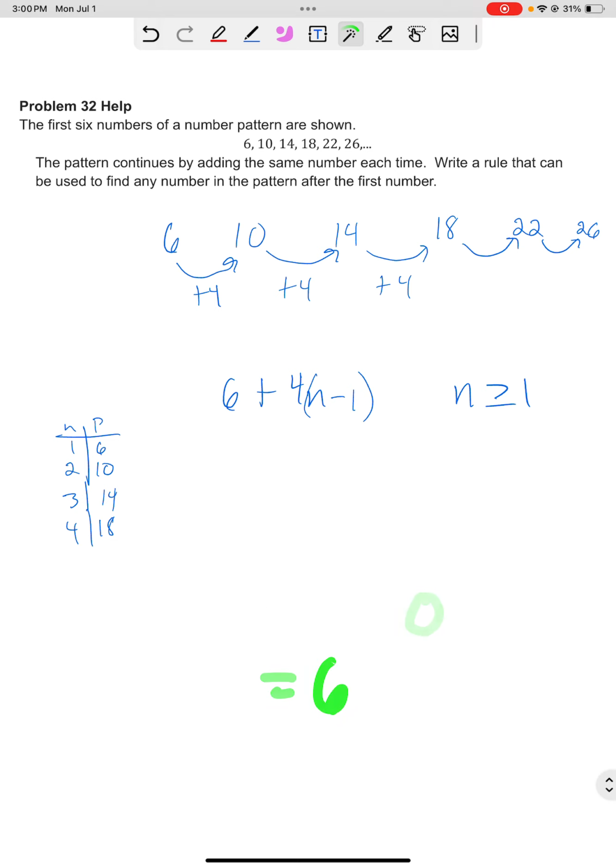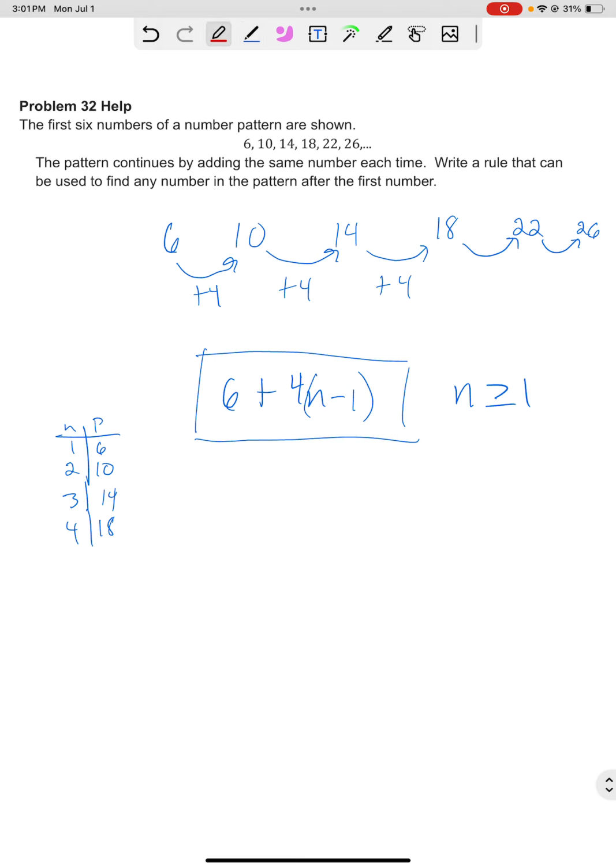Great, got it. And now we could go on and check. If I plug in 2, I have 2 minus 1, which is 1, right? So I'm doing 6 plus 4, which is 10, and so I've got what I want. And you can keep on seeing that this is going to be the pattern, okay?